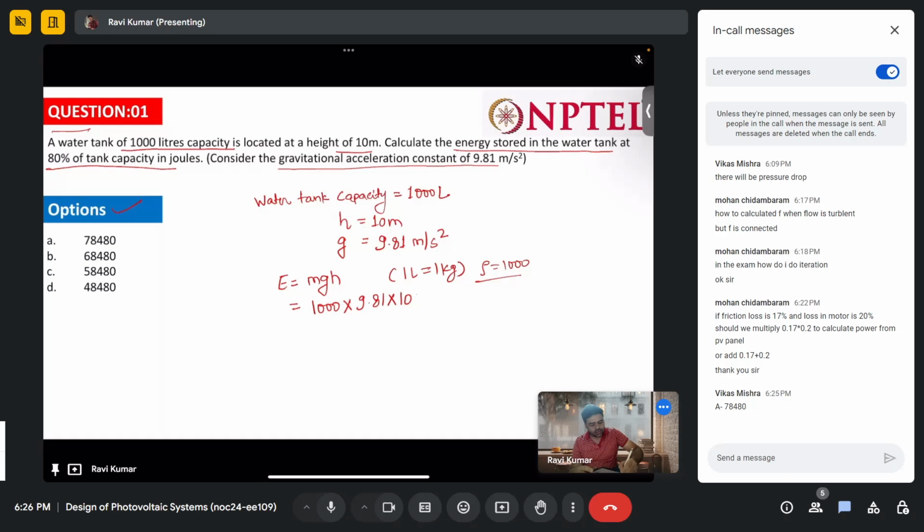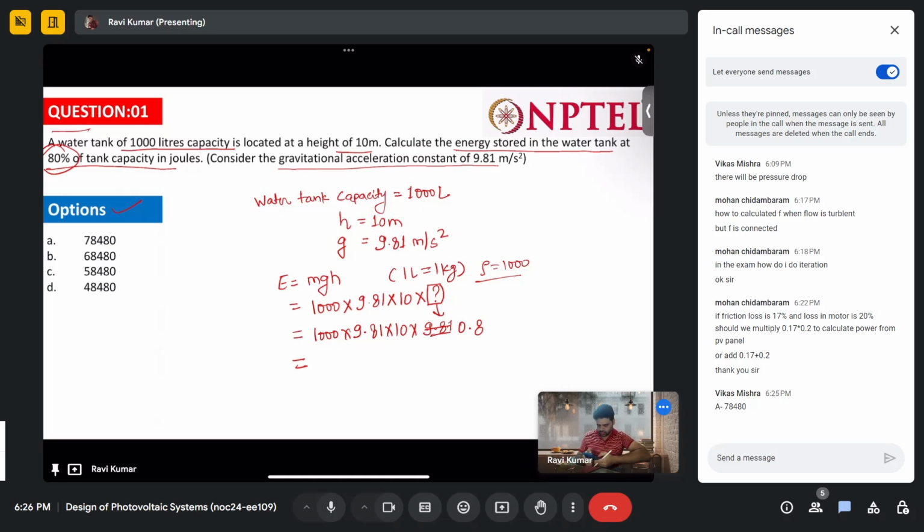But there is an important factor as well. I am writing a question mark here. This question mark will be the capacity. It is saying 80% capacity, so we will multiply by 0.8. So it will be 1000 into 9.81 into 10 into 0.8, and then you will solve it and get the answer.